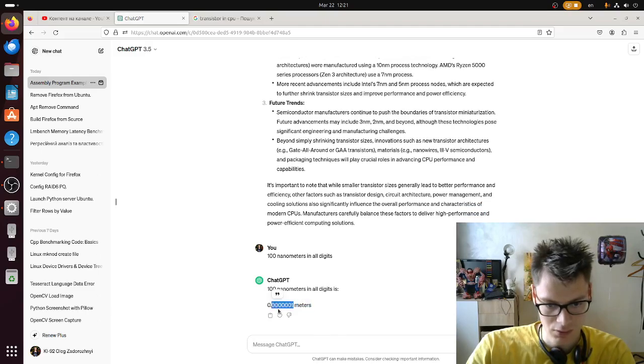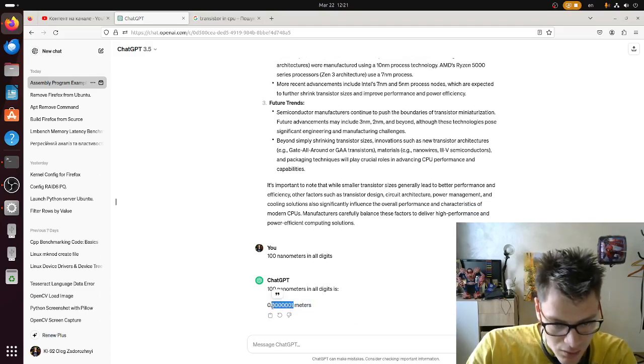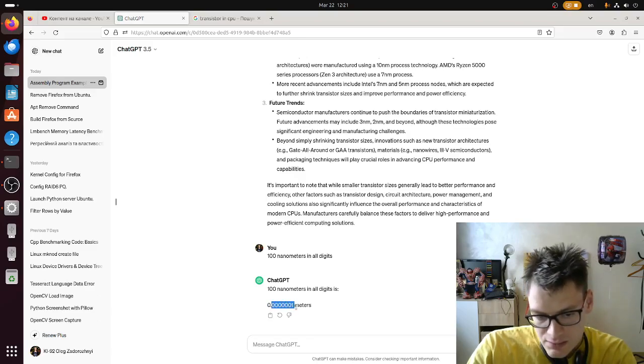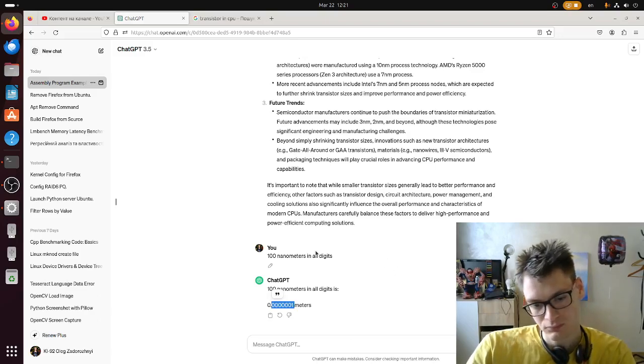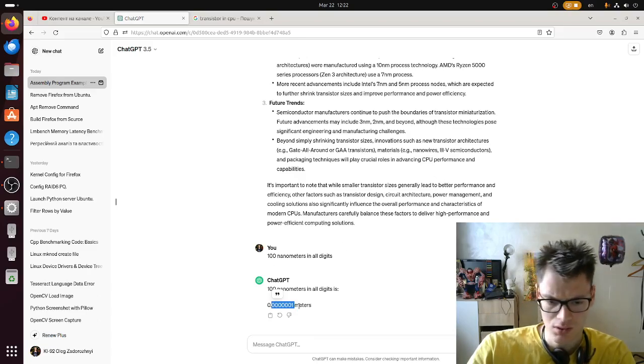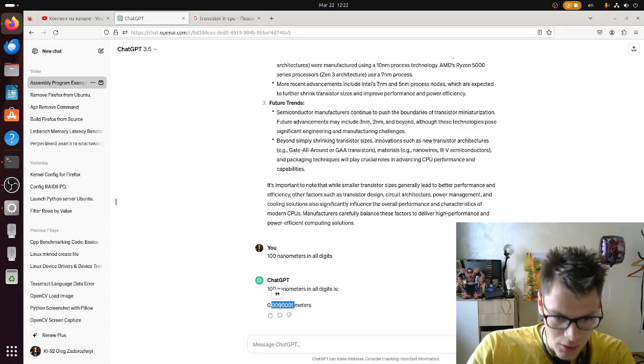It's less than 1 meter. 1, 2, 3, 4, 5, 6, 7. Oh my god. So it's 1 meter divided by 70, right? No, no. 1 meter divided by a lot of zeros, which is 1,000 million.